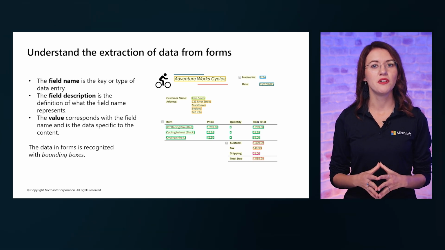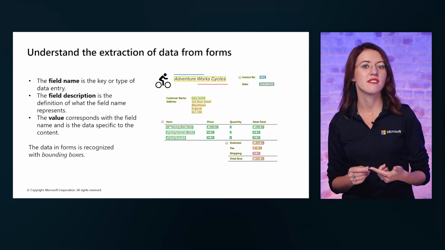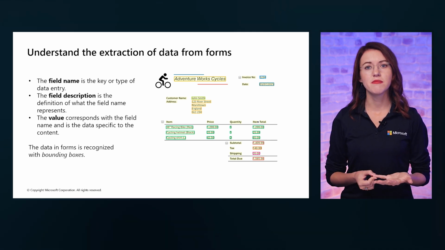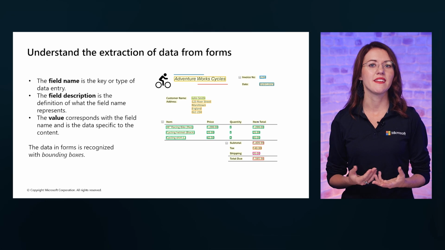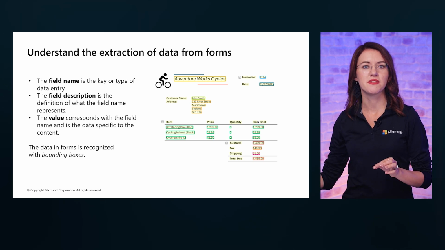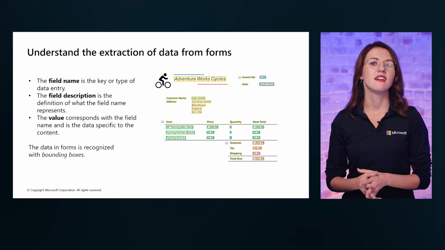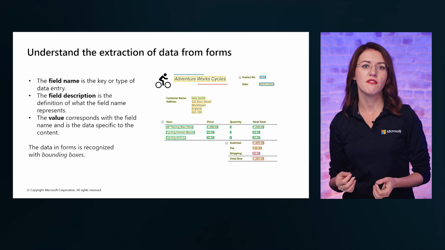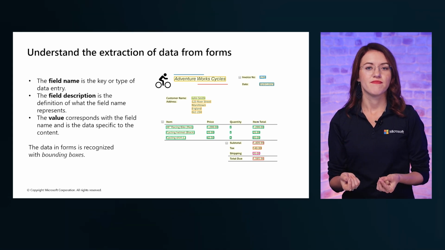For example, in an invoice, recognized fields might include the merchant's name, address, and phone number, the date and time of purchase, item names, quantities, and prices, and totals, subtotals, and tax amounts. Each recognized element is mapped to its position in the document using bounding boxes. For instance, the address might be stored as a field called address, with a value like 123 Main Street, and coordinates.